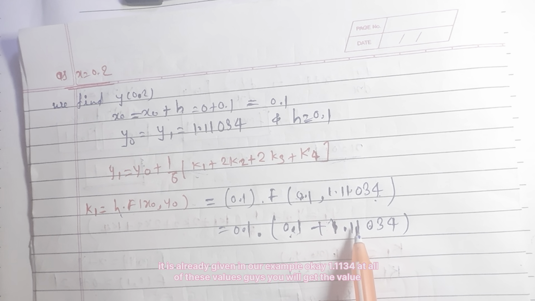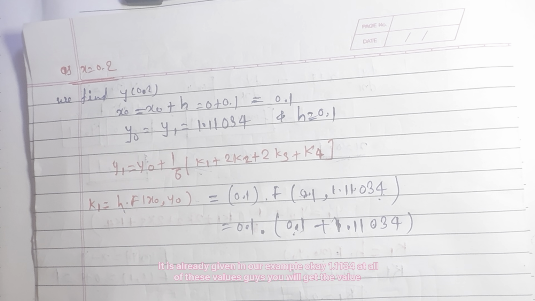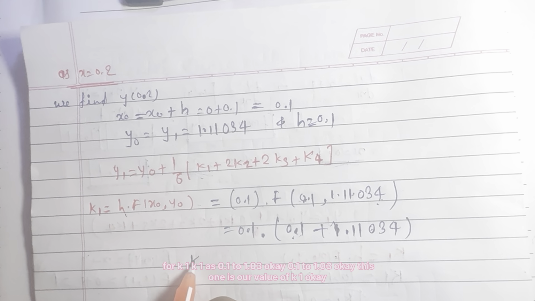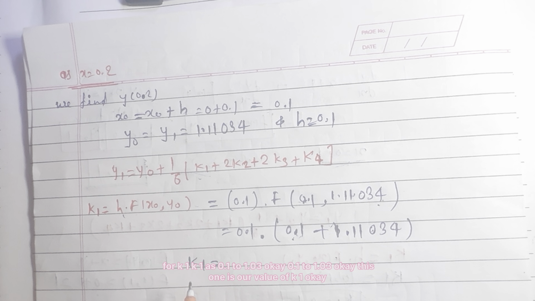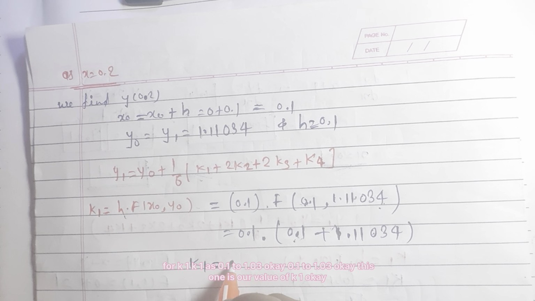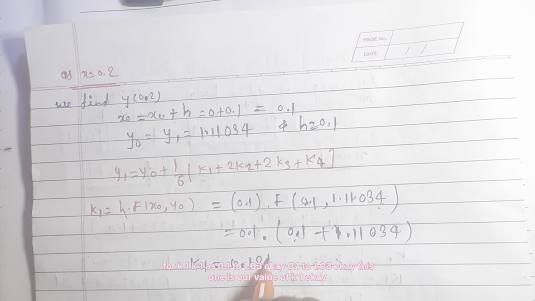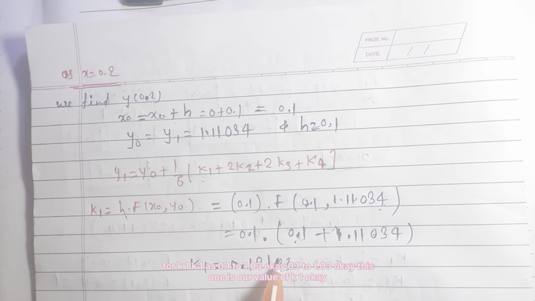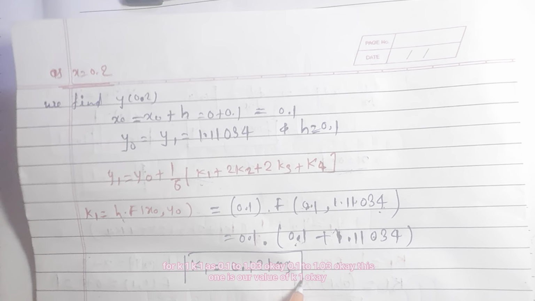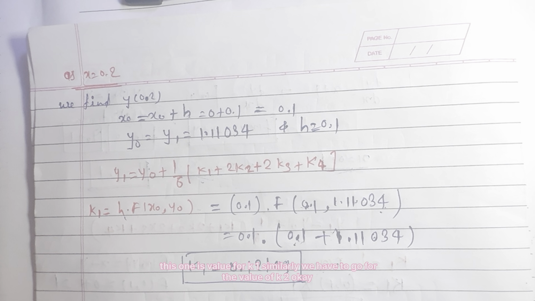So 0.1 plus 1.11034. Add all of these values guys, you will get the value for K1 as 0.12103. This one is our value of K1.